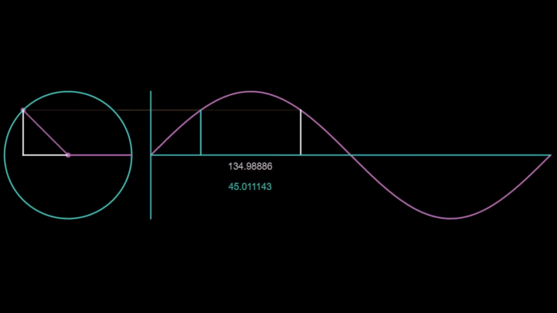So we could draw a line joining these two points. And you can see that line there is going to go from the point given by the white line, which is the angle 135 degrees, and the point given by the blue line, which is the angle 45 degrees.